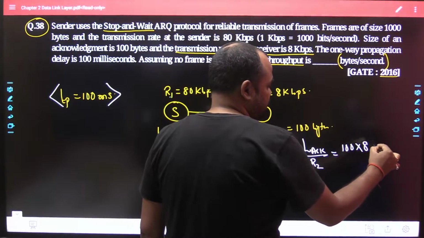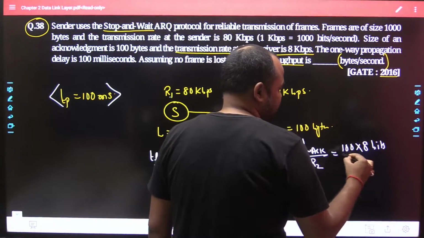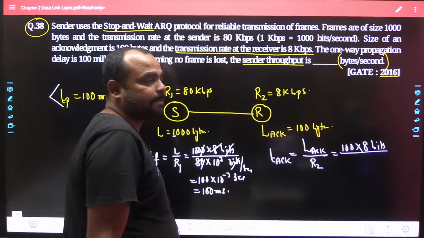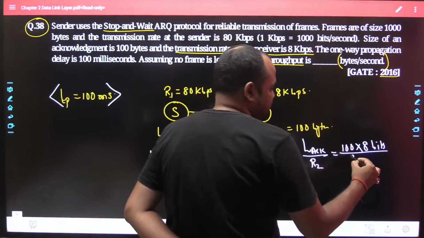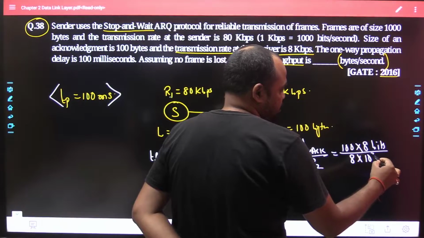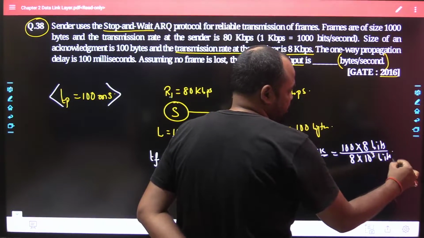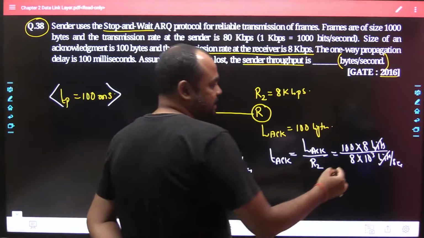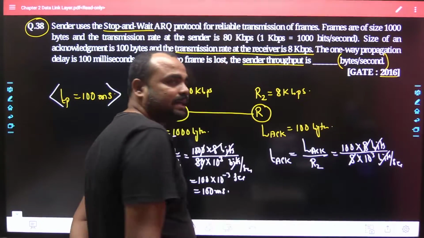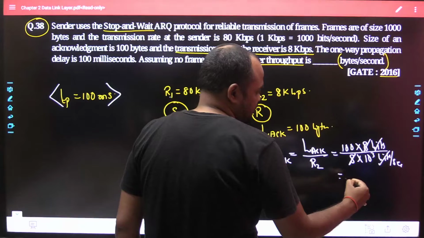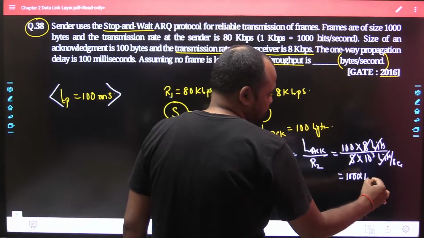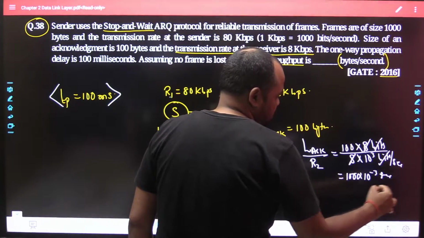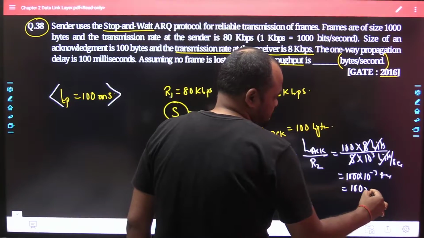So this will become 800 bits divided by bandwidth, that is 8K. K means 10 to the power 3 bits per second. So definitely bits will be cancelled out, and 8 will be cancelled out. Now you can write this as 100 into 10 to the power minus 3 second. So finally, 100 millisecond.